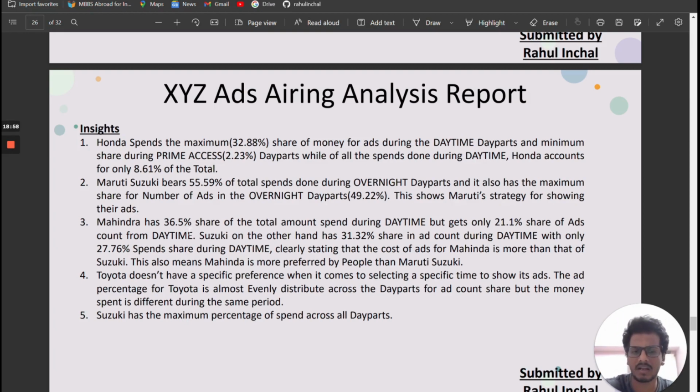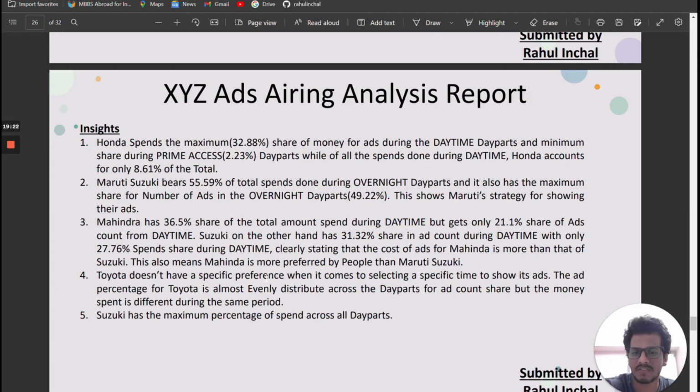It clearly states that the cost of ads for Mahindra is more than that of Suzuki. Let me read it out once more. This also means Mahindra is more preferred by people than Maruti Suzuki.